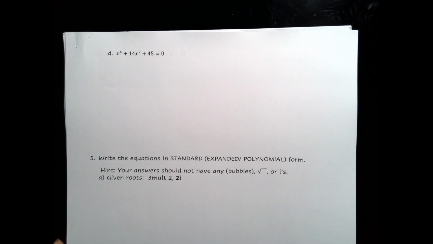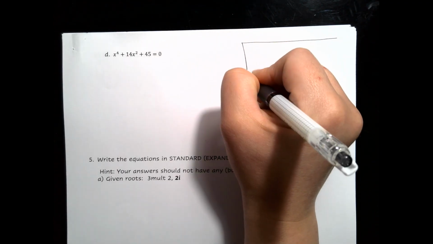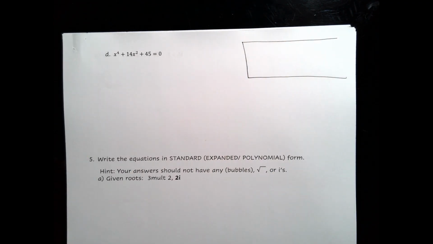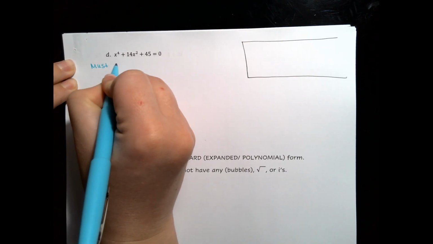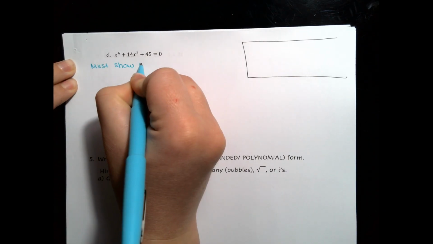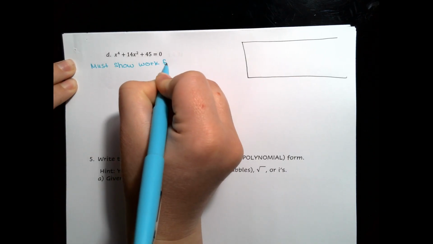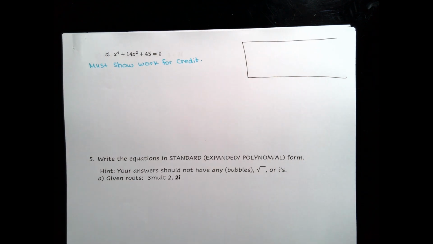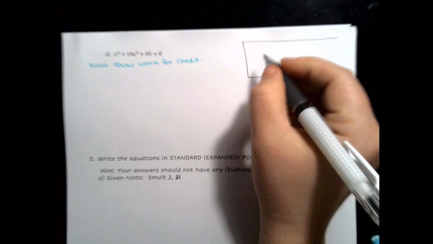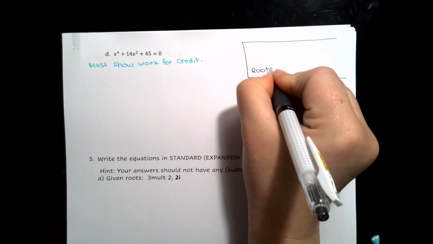Okay, I'm going to do the same thing for D. I am going to write out the answer for you. Make sure that you show work for credit. And let's write out our roots and then our factors.